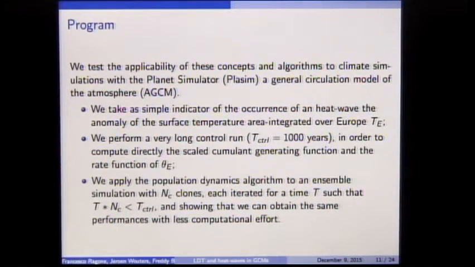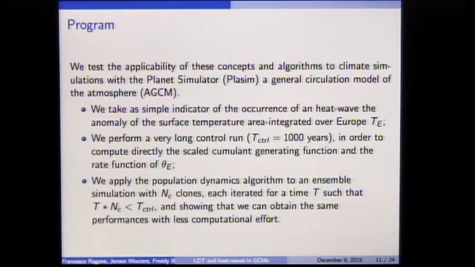And then I do a series of experiments with the population dynamics algorithm using a number of clones. Each of them runs for a certain amount of time, such that the total computational cost, so the length of the simulation times the number of clones, is smaller than the length of the control run. Then I show that with this smaller amount of data, I have the same or even better performance than the brute force approach with the very long simulation.